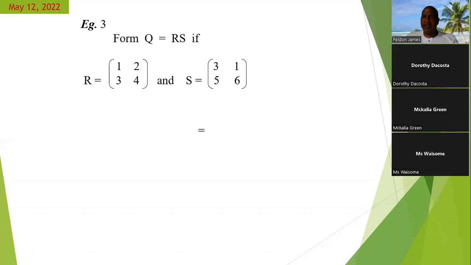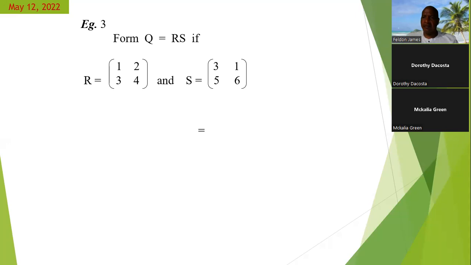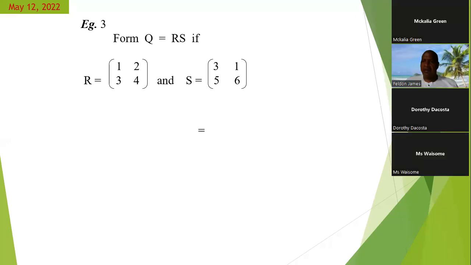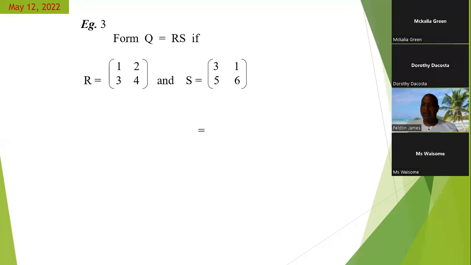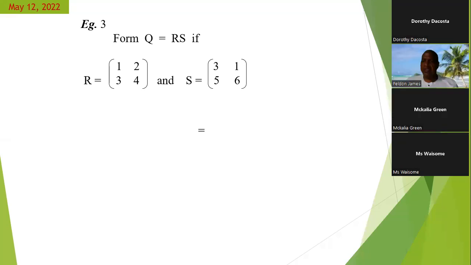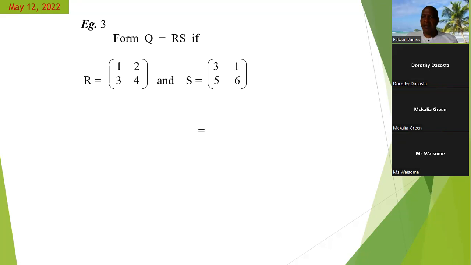Can you raise your hand, guys, if you are hearing me clearly? Raise your hand, let me get a feedback on what is happening. All right, Ms. Green is hearing me clearly. Ms. Doherty, Ms. Waysome? Are you hearing me clearly, Ms. Waysome?